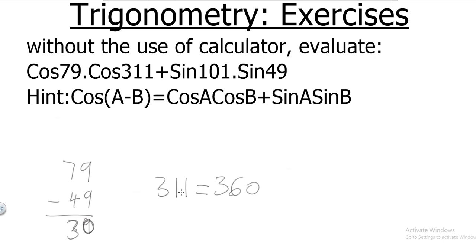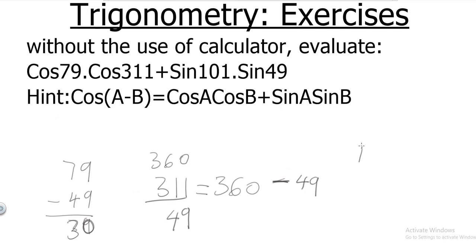So if we subtract 311 from 360, we have 49. So 311 will give us 360 minus 49.